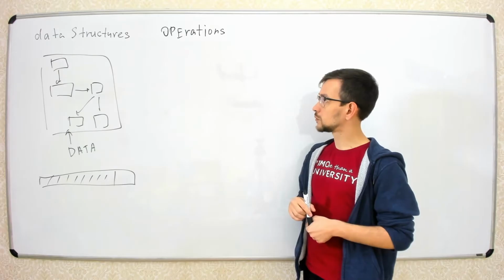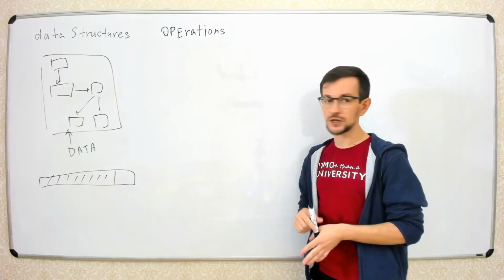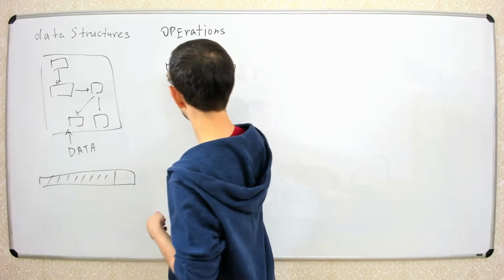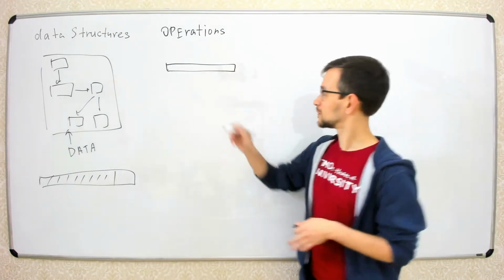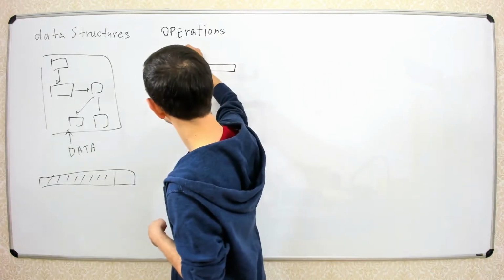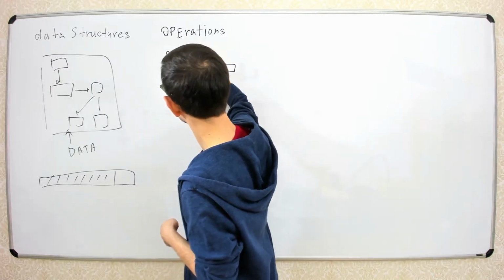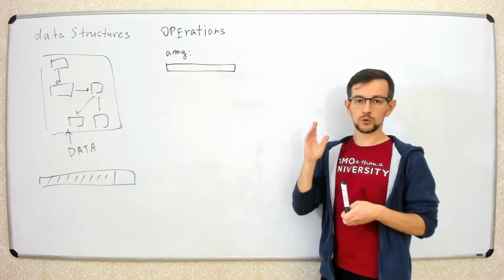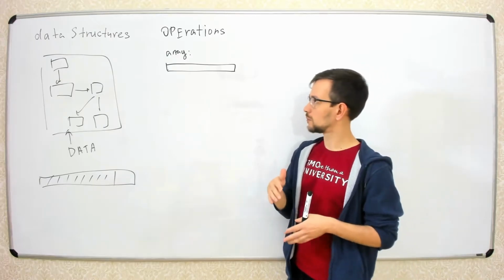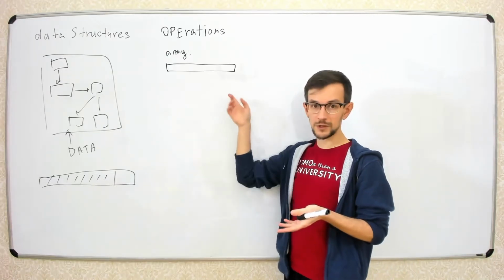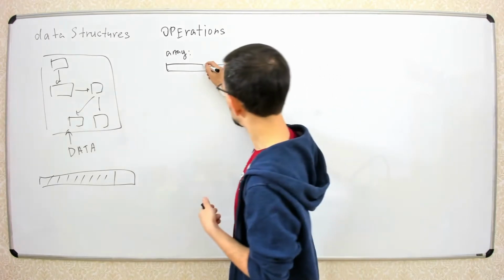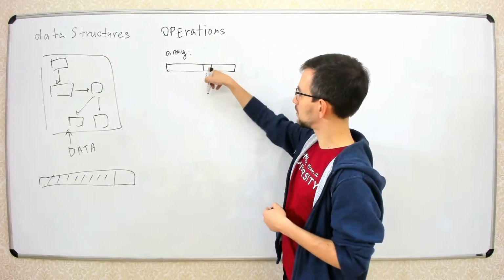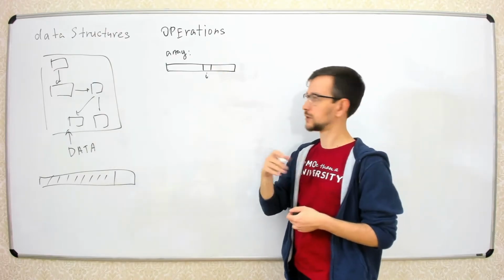For example, let's say something very simple. Let's say array. Array is a very simple data structure. It's not exactly a data structure, but let's say it's a data structure. What operations can you do in an array? In an array, you can put an element by index. So you have index i. You can put an element by the index and you can get an element by index.